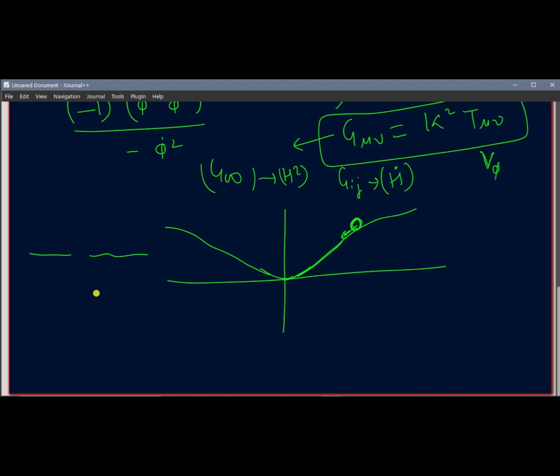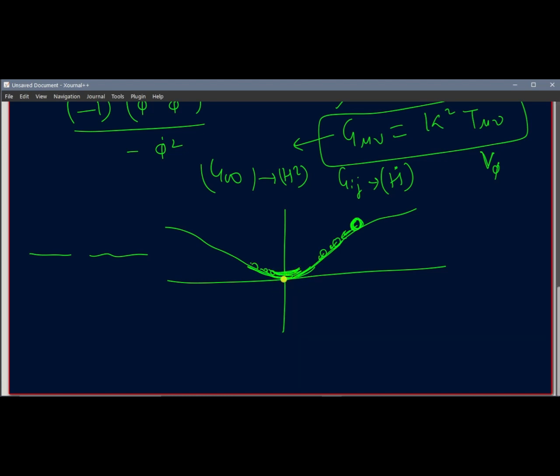The moment this field is rolling, the rolling is very slow. As it slowly rolls and comes to this minimum, from here the field will again go up, but it will oscillate.